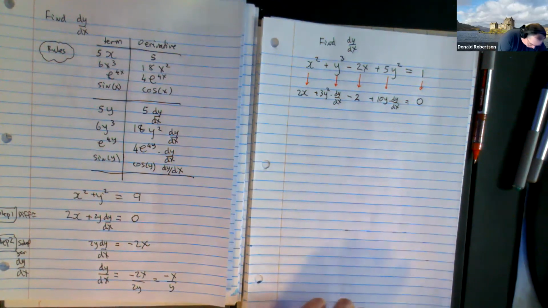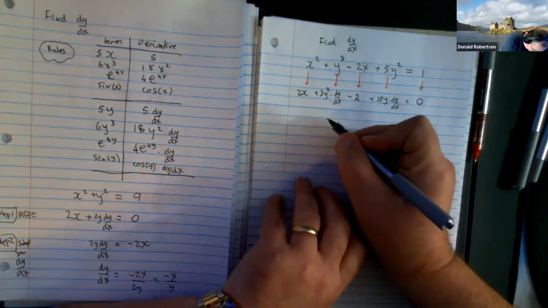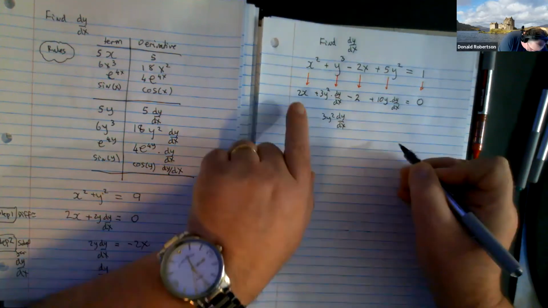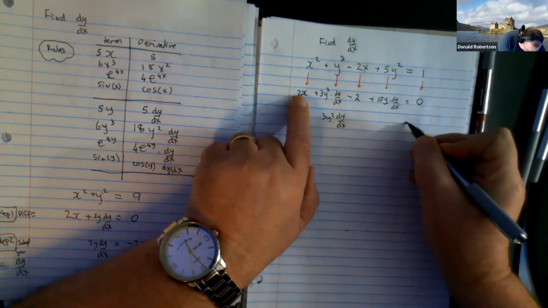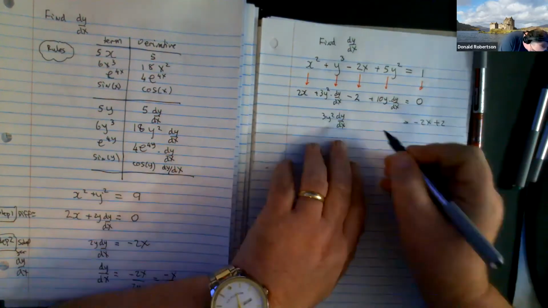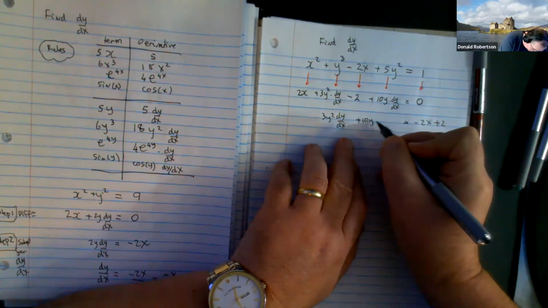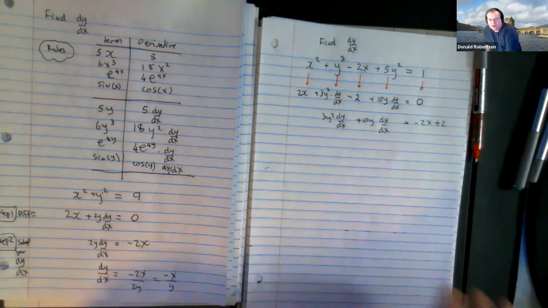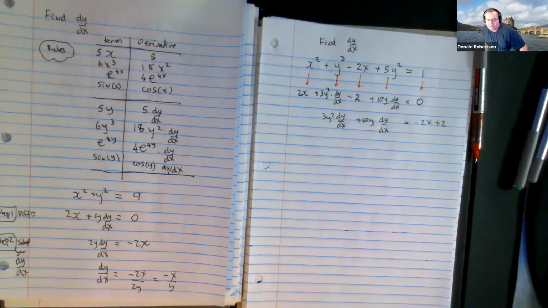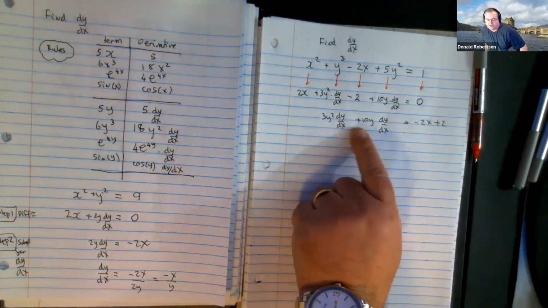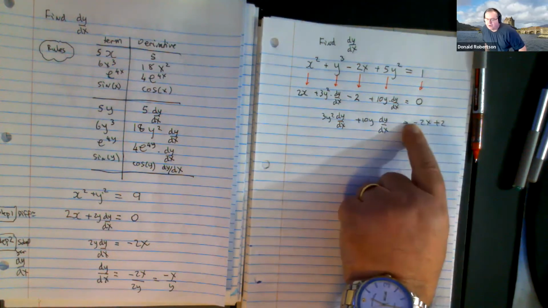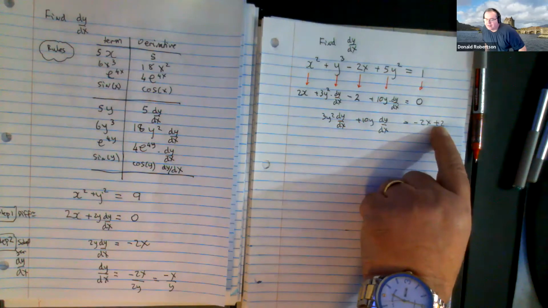So what I'm going to do right now is subtract 2x from both sides, and add 2 to both sides. Essentially in these more difficult questions, you try to get the terms that have a dy by dx attached on the left, and the things that don't have any dy by dx on them over to the right.